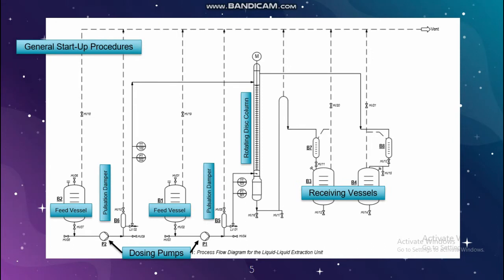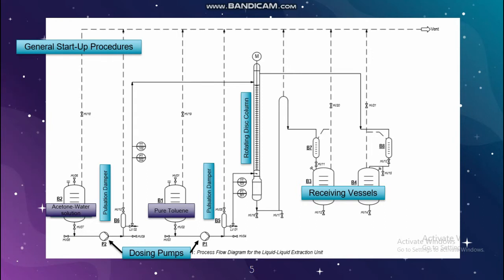Next are the general startup procedures. First, prepare a mixture of acetone-water solution at the desired composition and also pure toluene. Second, ensure that all valves are closed. Third, ensure feed vessel B1 is filled with pure toluene and feed vessel B2 with acetone-water solution.